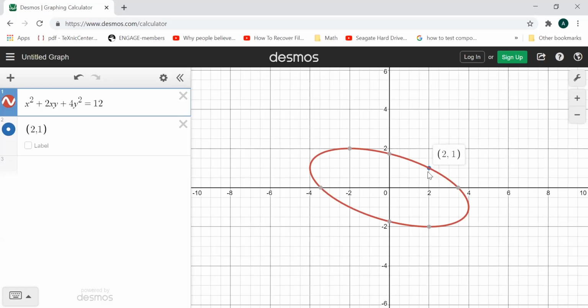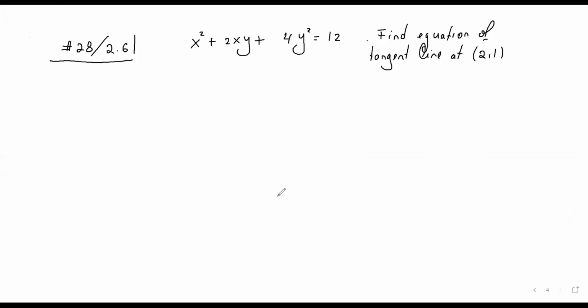It goes 2 units to the right and 1 down, so it would be negative 1/2. Obviously negative slope, right? That's pretty much what we expect to get with this problem. Let's go back to the drawing board and do this together, folks.